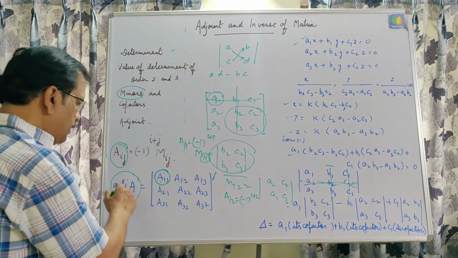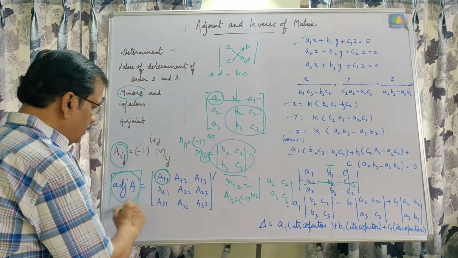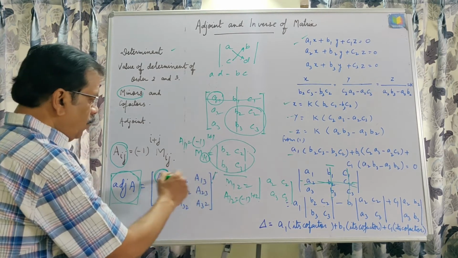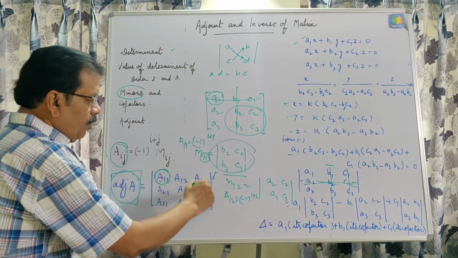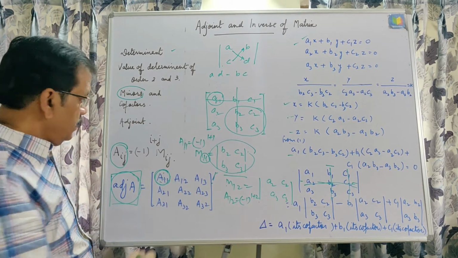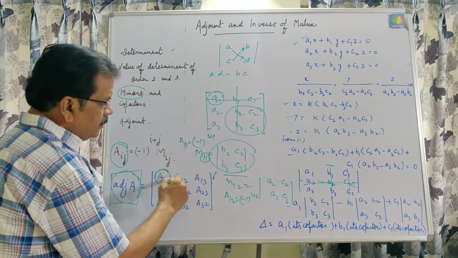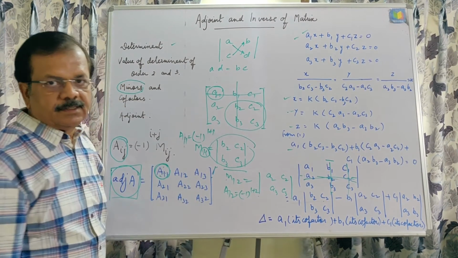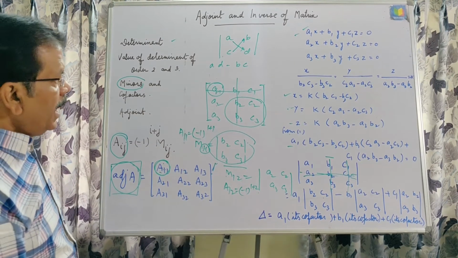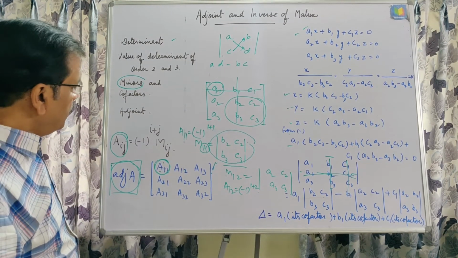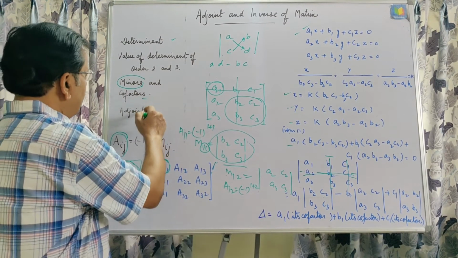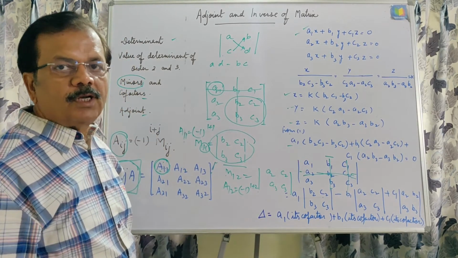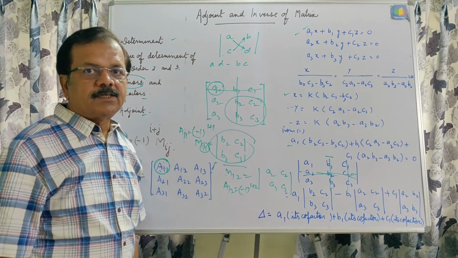That is again repeating: adjoint of A is equal to the transpose of the matrix obtained by writing the cofactors of all the elements. Okay, and these topics, minors, cofactors and adjoint of a matrix, will become more and more clear whenever we discuss the questions.